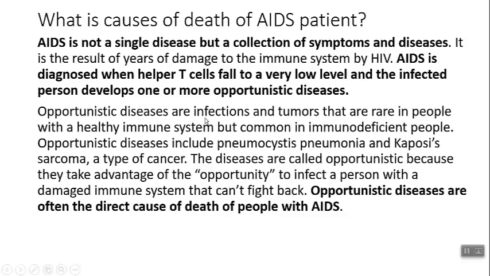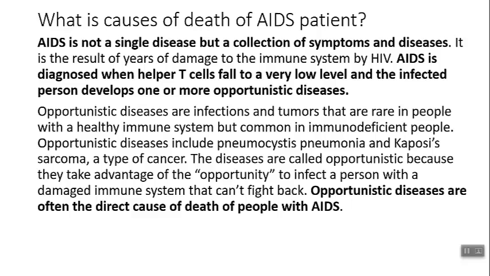Opportunistic diseases are infections and tumors that are rare in a healthy immune system, but common in immunodeficient people. Opportunistic diseases include pneumocystis pneumonia and Kaposi's sarcoma, a type of cancer. These are called opportunistic diseases because they take advantage of the opportunity presented by persons with a damaged immune system that cannot fight back.